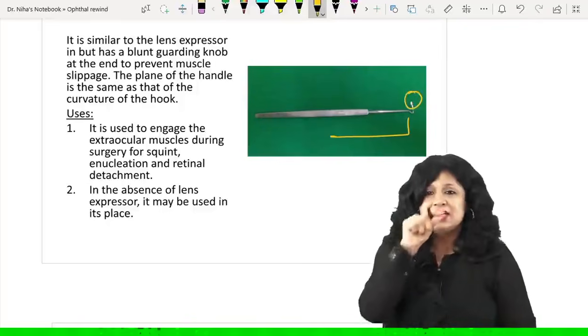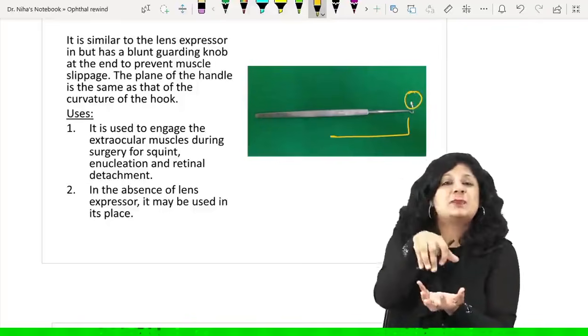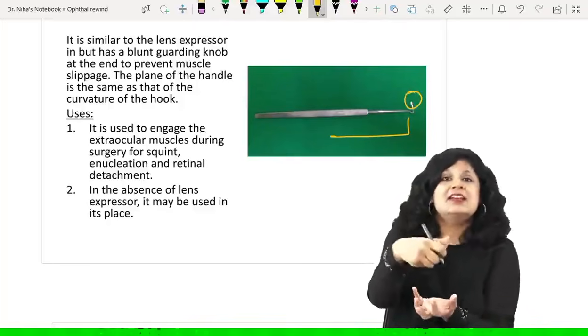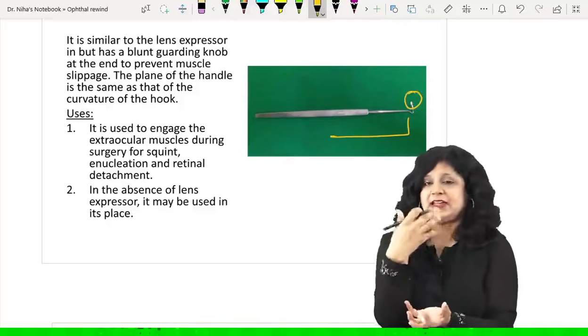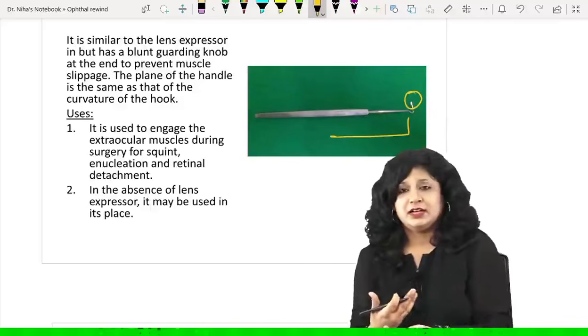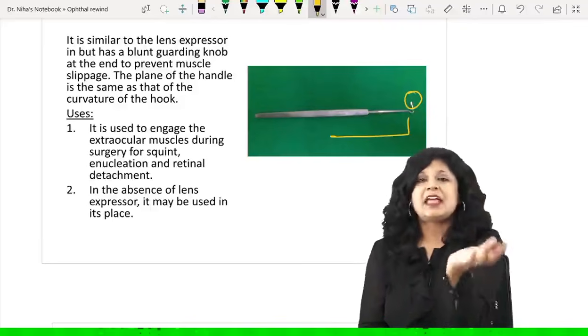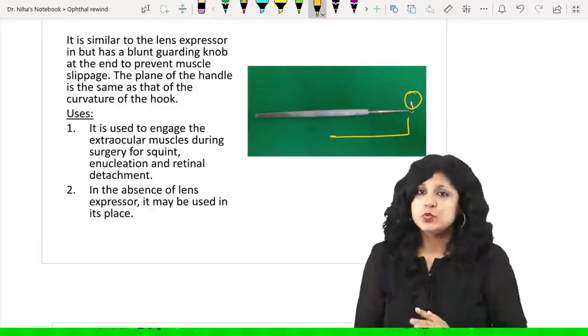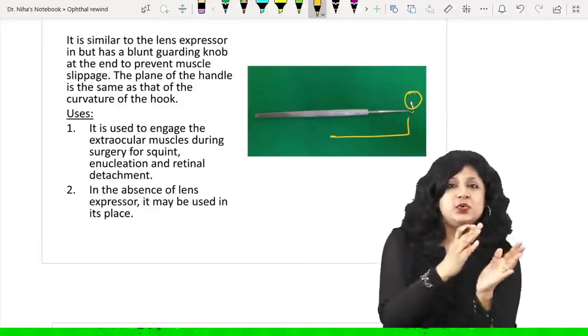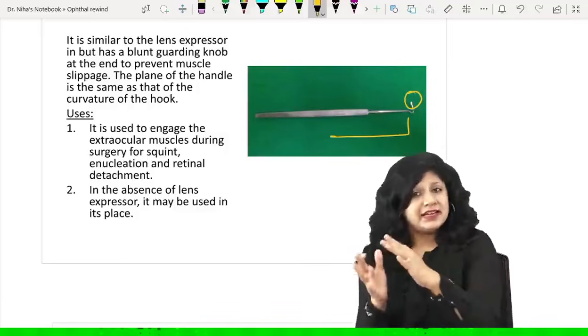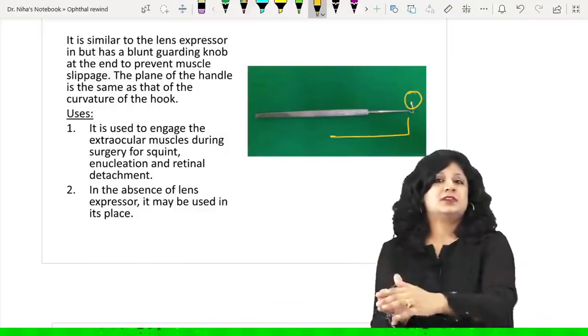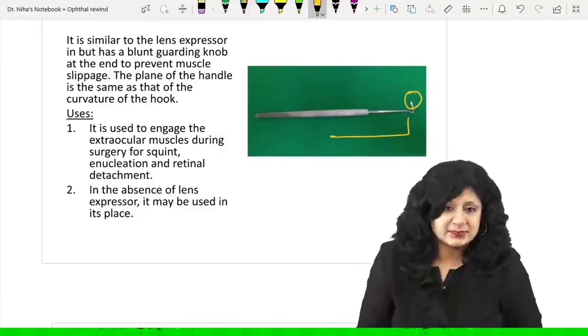The tip is rounded because this has to be hooking the muscle, which is a delicate belly. Extraocular muscles are very delicate. So at that time we are using the blunted area, but otherwise both can be used interchangeably. I can use a lens expressor instead of a muscle hook. I can use a muscle hook instead of a lens expressor, right?